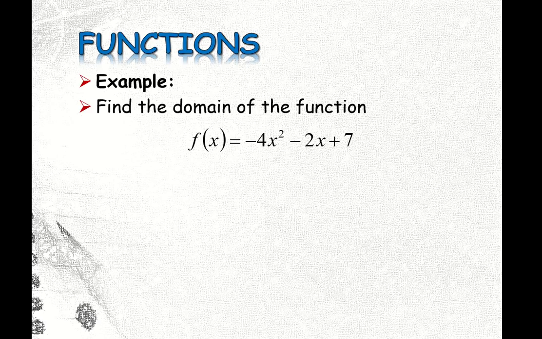So if you examine the given function, there is no value of the variable x that can make, when you plug into the function, the denominator equal to 0 because there's no fraction here, and also there's no radical.